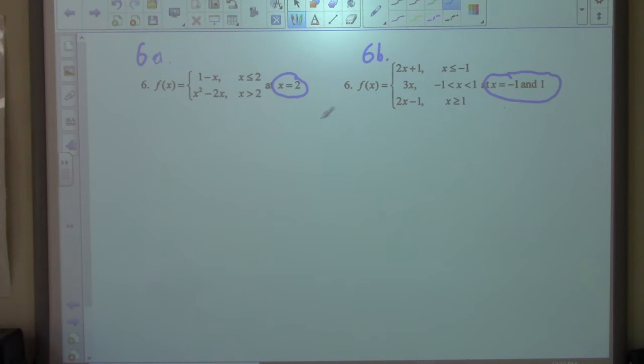So what we're going to do is condition 1, we're going to say f of -1 exists, right? Does f of -1 exist? Yes. How do you know it exists? Because of this, it fits into that.